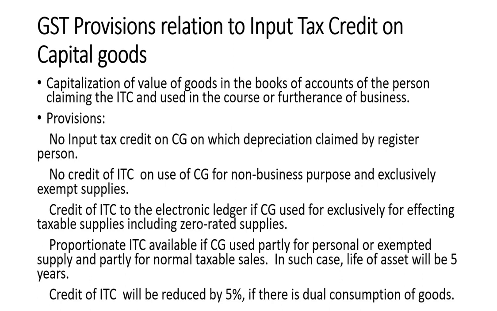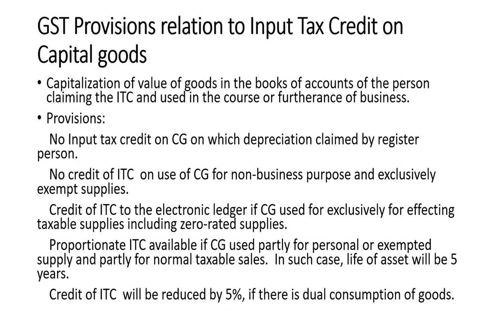Then no input tax credit on the use of capital goods for non-business purpose and exclusively for exempted supplies. In other words, if the capital goods are used or intended to be used exclusively for personal reasons, that is non-business purposes, or exclusively for effecting exempted supplies, in such case no ITC can be claimed by the dealer.